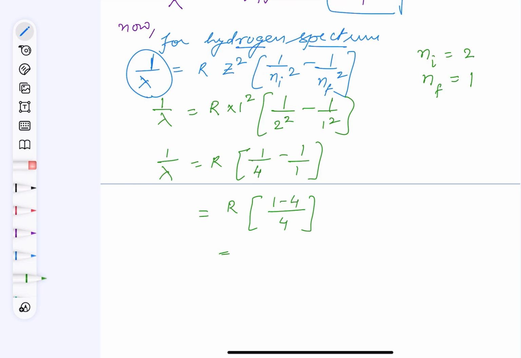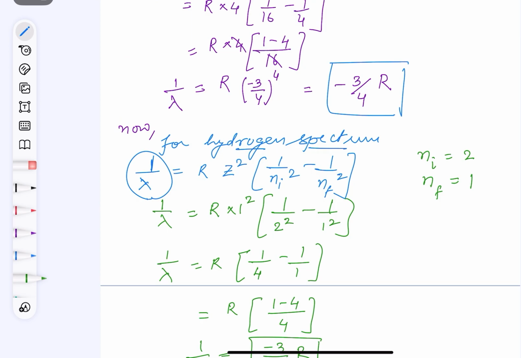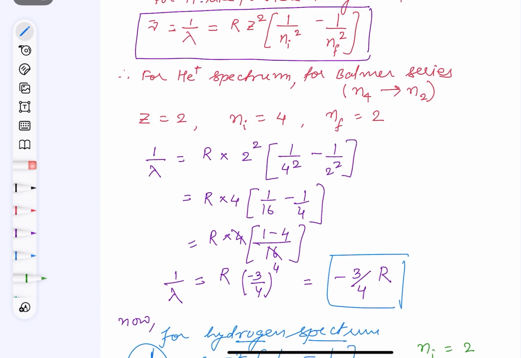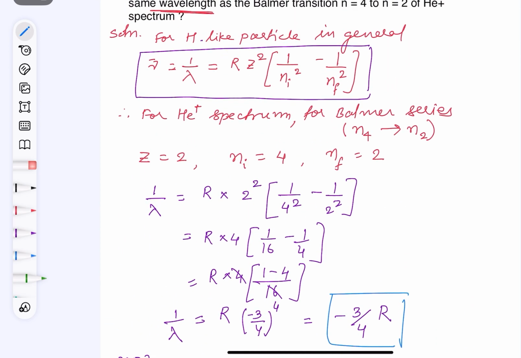So ultimately 1 minus 4 would be minus 3 by 4, and this R. So you can see that we have got this value the same by taking n initial as 2 and n final as 1. So the wavelengths now would be the same, for which transitions the question was asking.